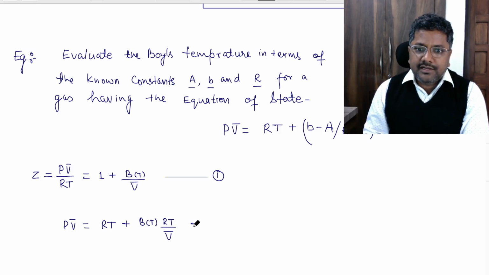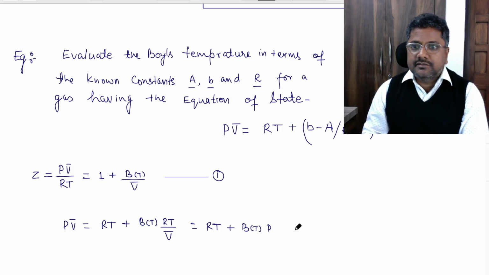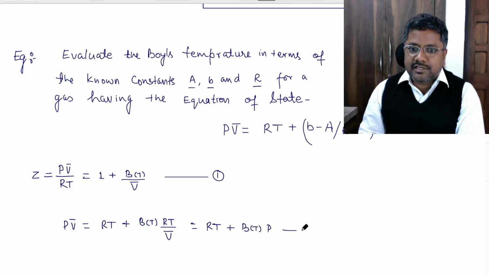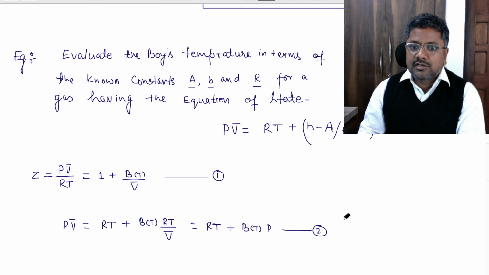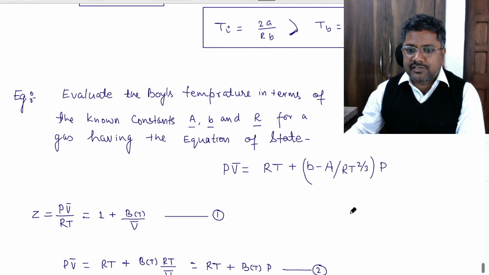So you can write this as RT plus BT, and RT by V bar you can write as P, right? So this is equation 2. So compare this equation with this equation, and you will find the second virial coefficient.